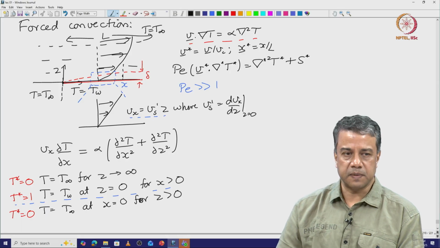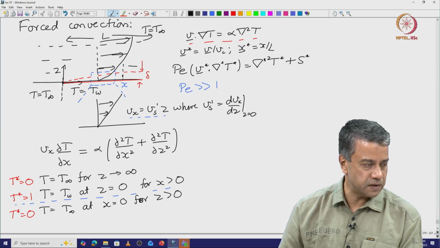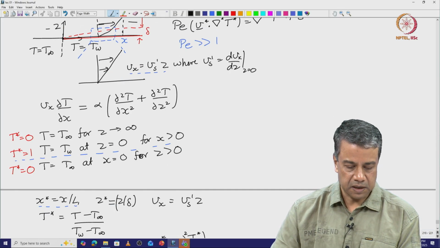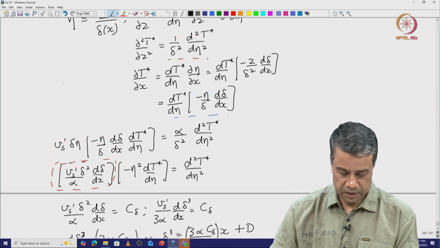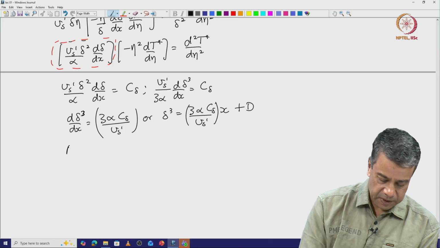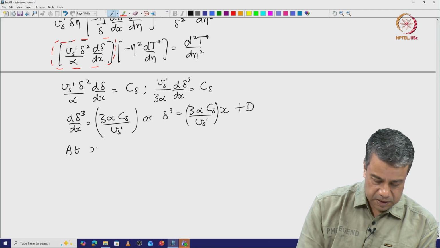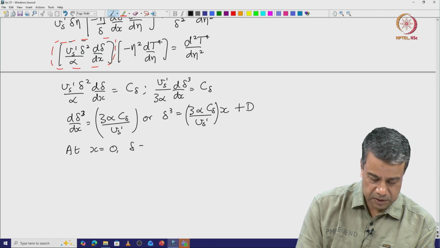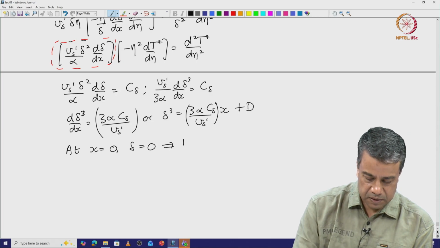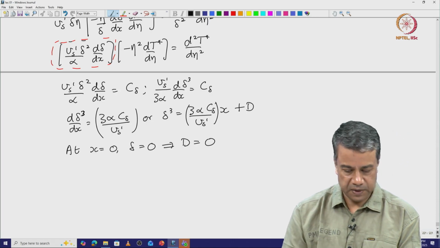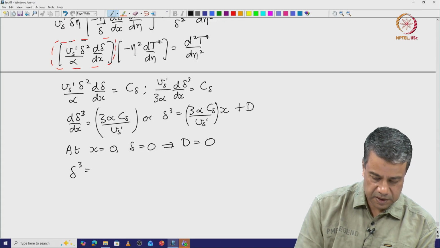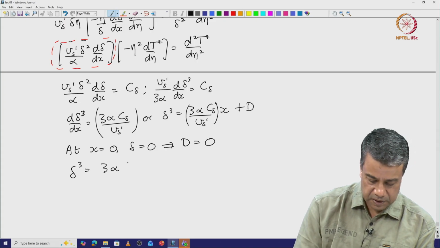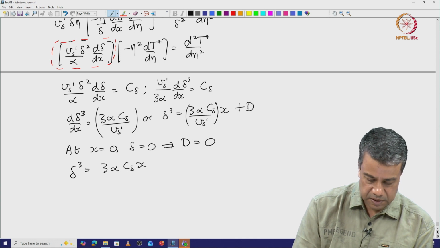Therefore, the condition is that at x is equal to 0, delta is equal to 0, which implies that the constant d is equal to 0. And we get the boundary layer thickness as delta cubed equal to 3 alpha c delta x by Vs prime.